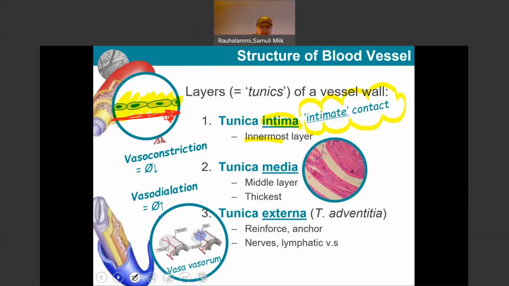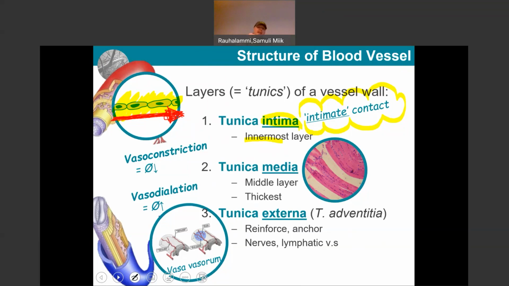There's nothing that really interrupts the flow of blood, and it quite nicely just protects the layers that are more innermost of the general blood vessel structure, but it also facilitates smooth flow of the blood within these vessels.